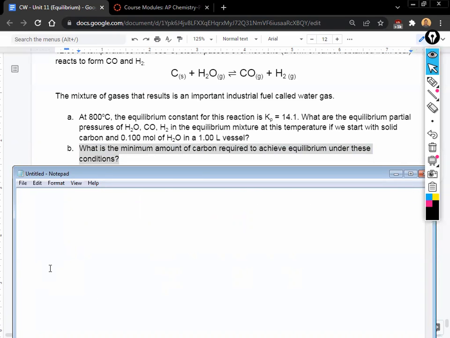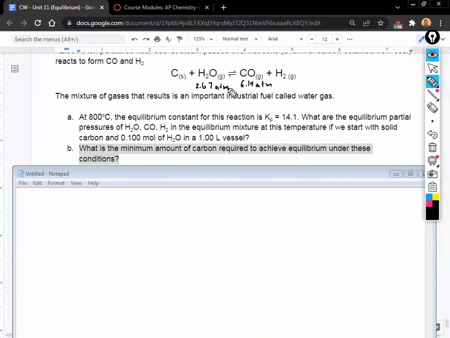Now, for this part, we're going to need to use the stoichiometry, okay? So you guys can see that we have 1 mole of carbon for every 1 mole of everything else, right? Now we just found the partial pressures at equilibrium. The partial pressures at equilibrium are 2.67 atm and 6.14 atm for the products.